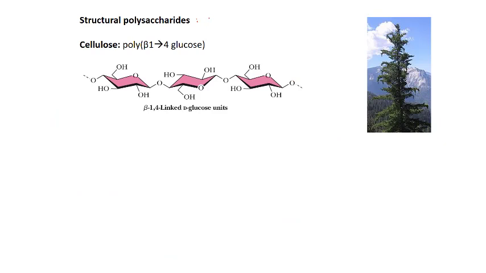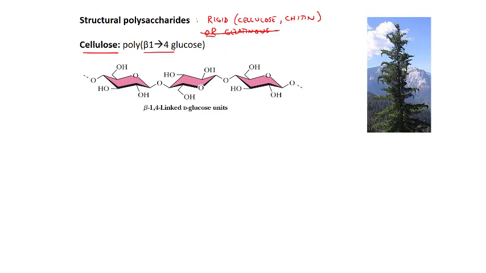All right, structural polysaccharides. These are either rigid, and the example of rigid and tough polysaccharides would be cellulose and to a lesser extent chitin, or they can be gelatinous, and we'll see those on the next slide. So let's talk about the rigid polysaccharides first. The most important of these is cellulose.